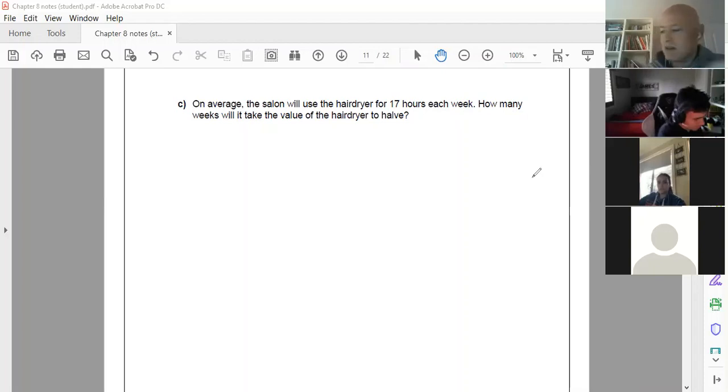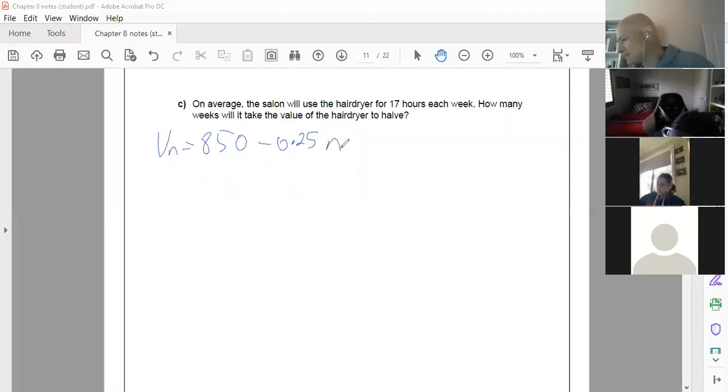Okay, so I've got to go back and get my rule. So I've got my V of N was equal to 850 minus 0.25 times N. Okay. Now we want to know how long it takes for it to halve.